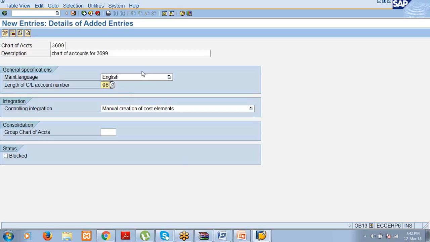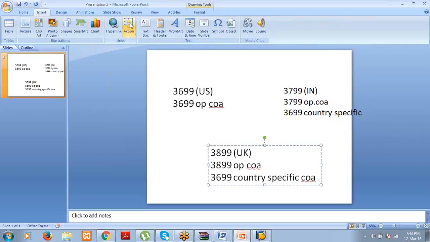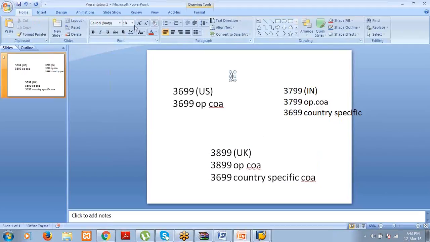Means we can create up to 9,99,999 GL accounts, because the biggest number containing 6 digits is this number. Suppose if you enter 01 there, you can create only 9 accounts because the biggest number containing a single digit is 9.